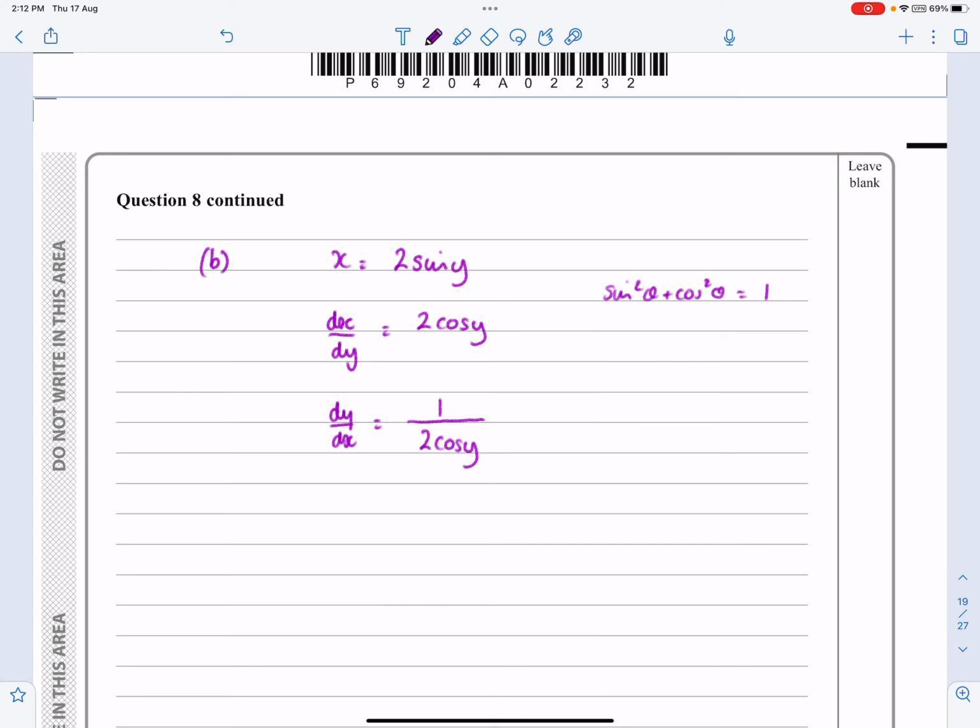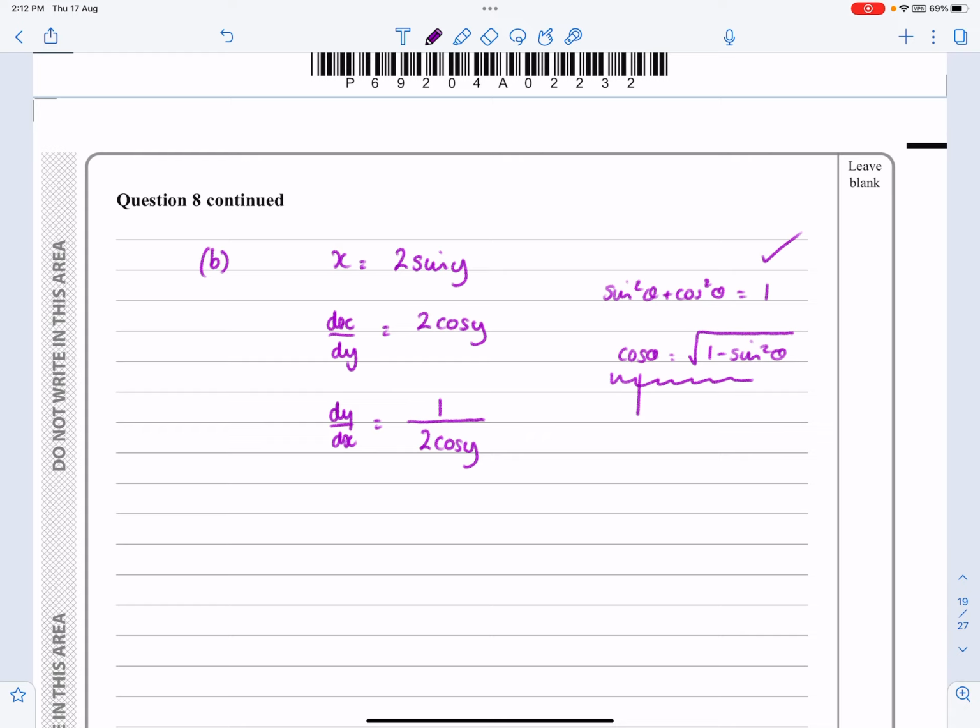Or more importantly, I don't do the rerouting of all this. What I actually do is I just know that cos theta, if I rearranged all of that, is the square root of 1 minus sine squared theta. And I've learnt that alongside the identity sine squared plus cos squared equals 1. It's interchangeable with having sine there and cos there, or as we've got it here.